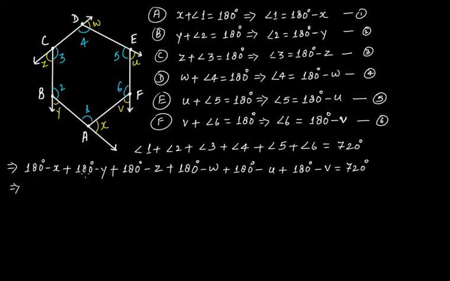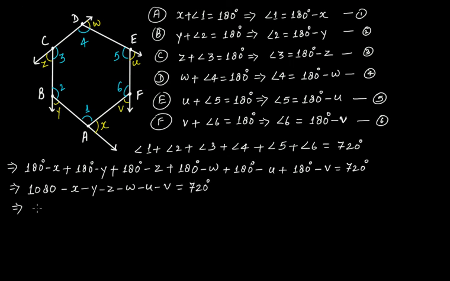180 plus 180 is 360, plus 180 is 540, plus 180 is 720, plus 180 is 900, and plus 180 is 1080. So this is 1080, and minus X minus Y minus Z minus W minus U and minus V is equal to 720 degrees.